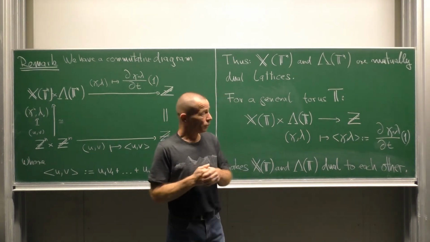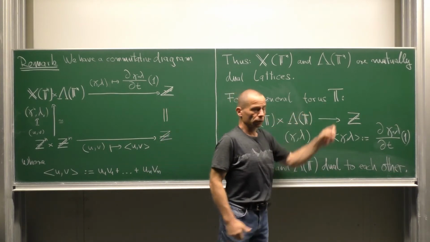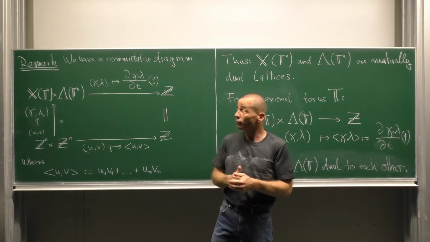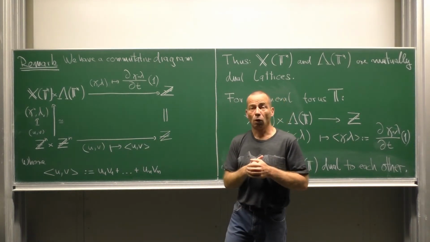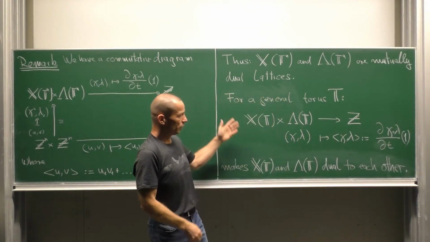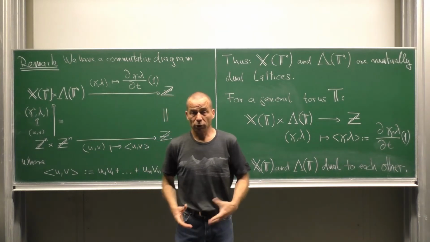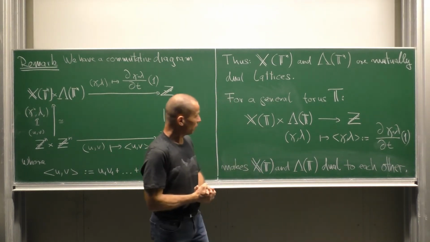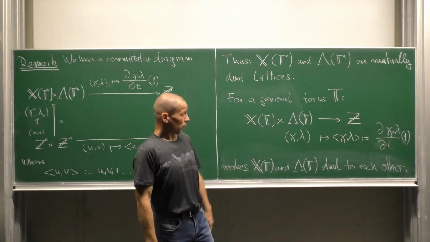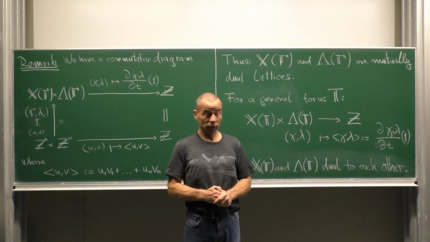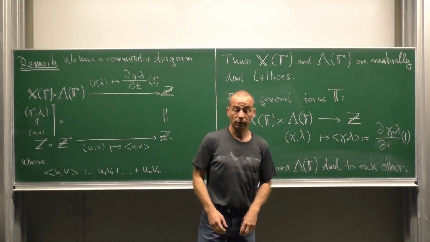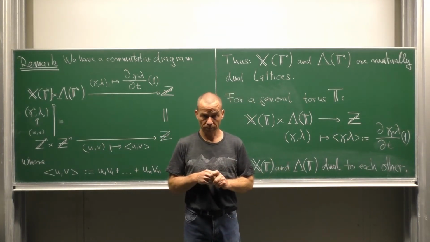This directly generalizes to any torus. What do we have to do? We just mimic the upper row of this diagram, which gives us a perfect bilinear pairing between the character lattice and the lattice of one parameter subgroups. So also these two lattices are dual to each other.